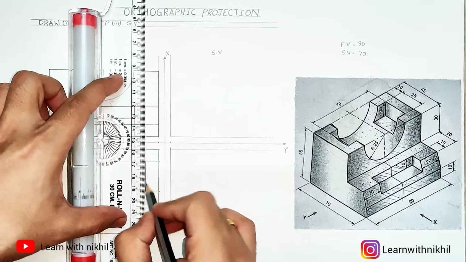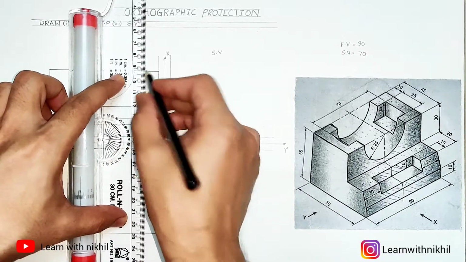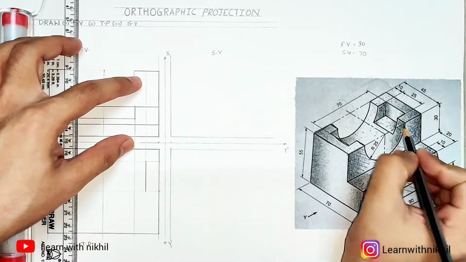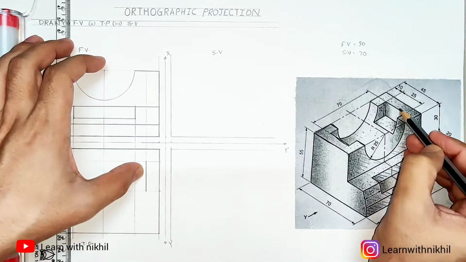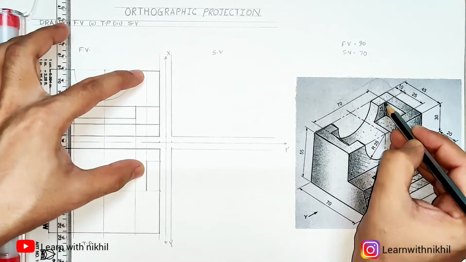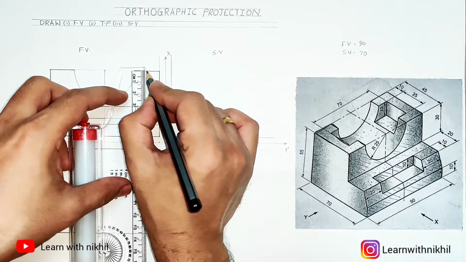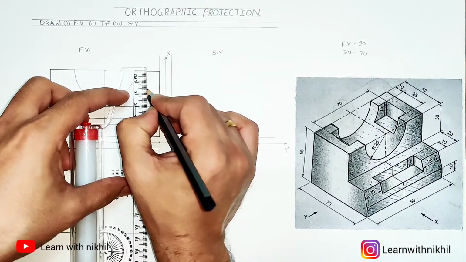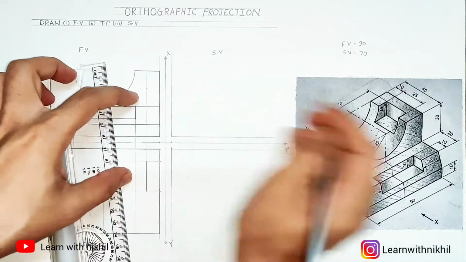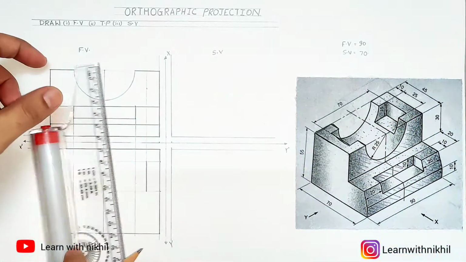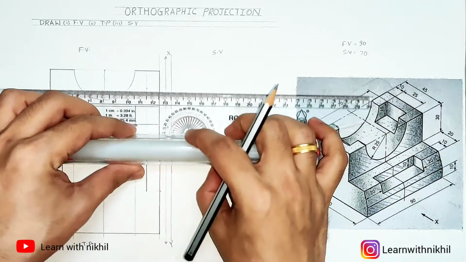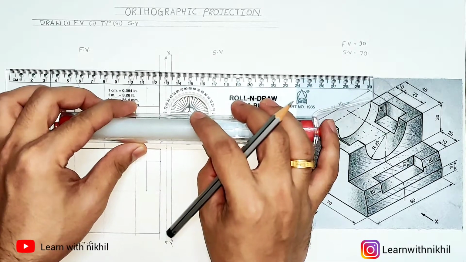So we'll take the projection from the top view to the front view. This line is visible from the top side, this part. As it is hidden in the front view, we have taken the projection from the top side to the front side, and this part will be hidden. So we will draw dotted lines, and as the height is 15 millimeter, we have drawn this point.